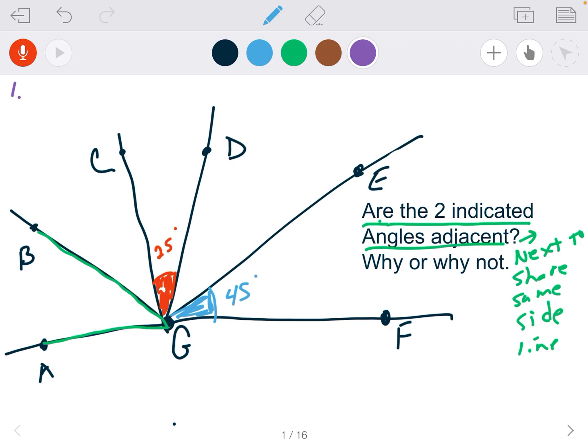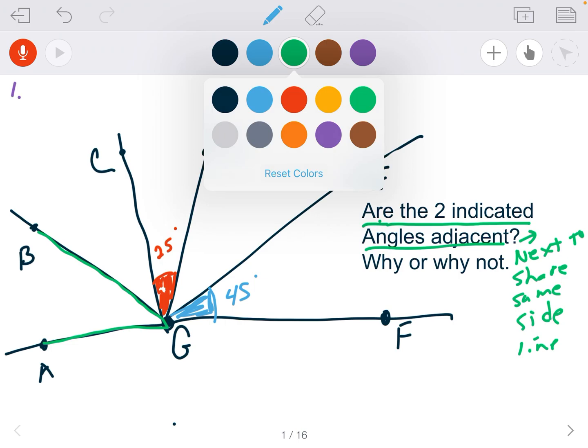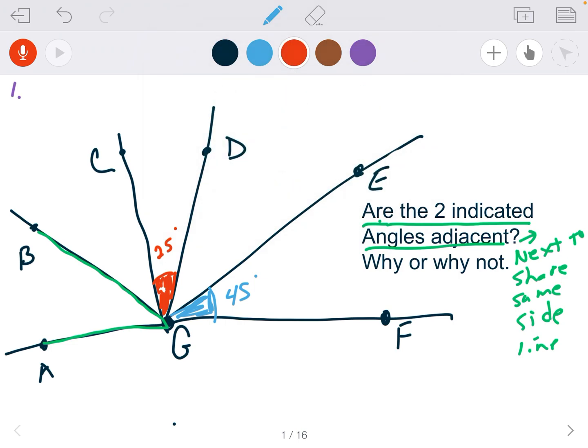Line. So in red here, if I say this angle here, CGD, in red is 25 degrees. It really doesn't matter the degrees because I want to know, do they share the same line? So I've got it highlighted, I made it really thick. If I do my blue angle, you can see where I'm coloring it in.